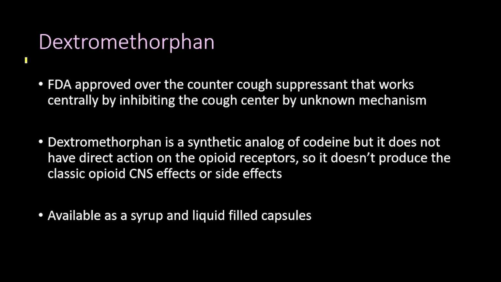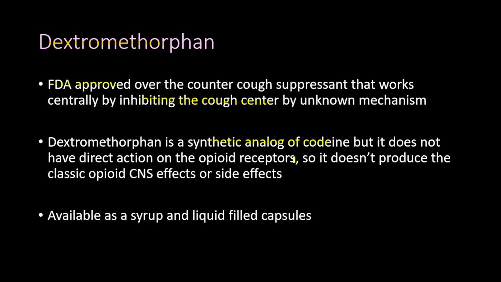Now let's talk about some examples of the cough suppressants, and let's start with the dextromethorphan. So the dextromethorphan is an FDA-approved over-the-counter cough suppressant that works by centrally inhibiting the cough center by an unknown mechanism. And the dextromethorphan is a synthetic analog of the codeine.